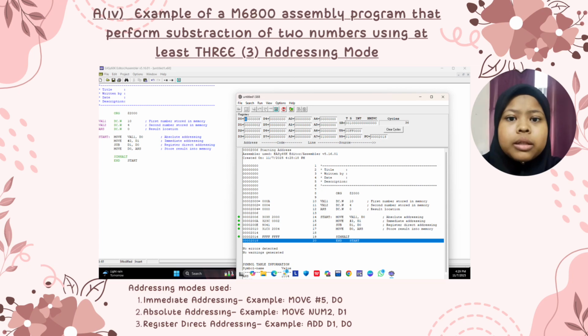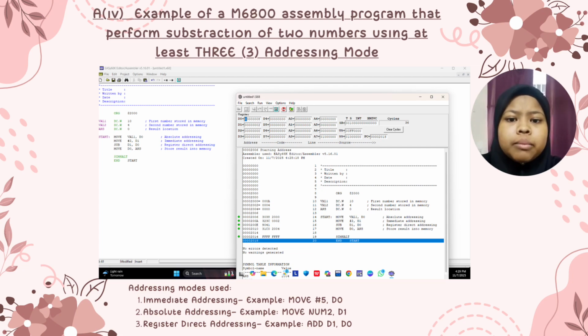The second addressing mode is immediate addressing. Based on the table, this mode uses data that is already known or written directly in the instruction. For example, in move #2, D1, the number 2 is an immediate value that is directly placed into register D1. The third addressing mode is register direct addressing. This mode uses data that is stored inside a register.